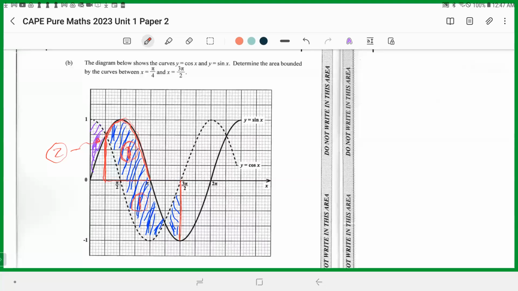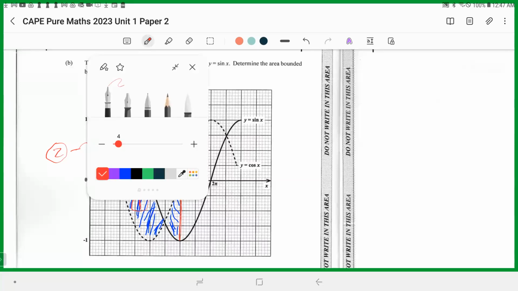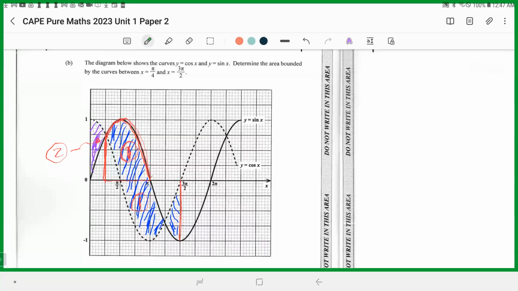So I'm going to find the area under the sine graph. That's the sine graph here. Then subtract the area under the cos graph, which I'm going to mark in green, between 0 and pi by 2. That will give me area 1. So the area under the sine graph minus the area under the cos graph. The cos graph goes from here to here.